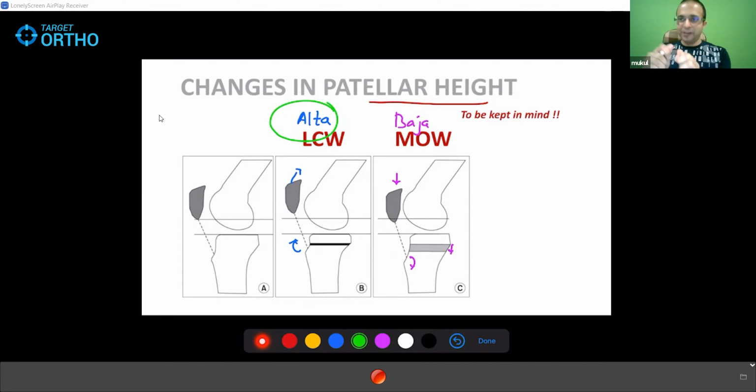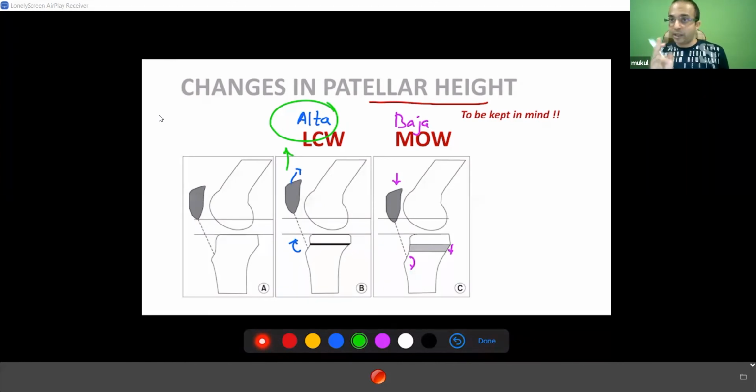When you cross 30 degrees, the patella comes down from a top position and engages into the trochlea. So beyond 30 degrees of flexion, the patella has to engage in the trochlea. Now when the patella is higher, it does not engage in the trochlea as knee flexion crosses 30 degrees, because the patella is at a higher level, and now the patella dislocates and tracking is affected. So patella alta is a dangerous thing.